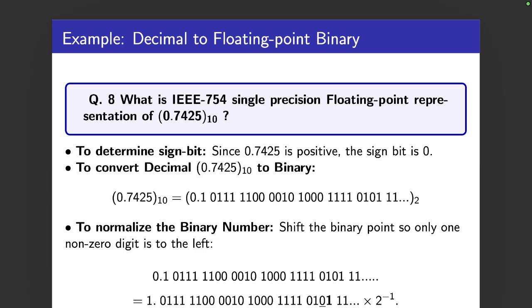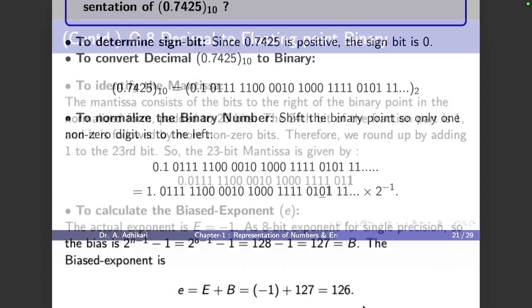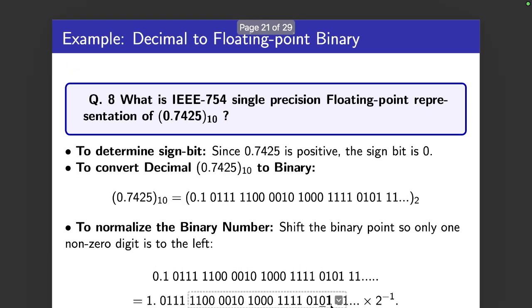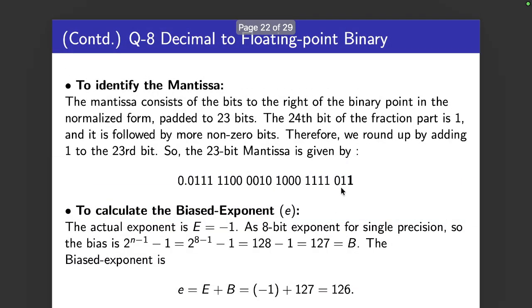So the 23rd bit is 0 and the 24th bit is 1, and next we get more non-zero bits. So the 24th bit of the fractional part is 1, followed by more non-zero bits. Therefore we round up by the binary rule. Adding 1 at this place: 1 plus 1 is 0 carry 1.